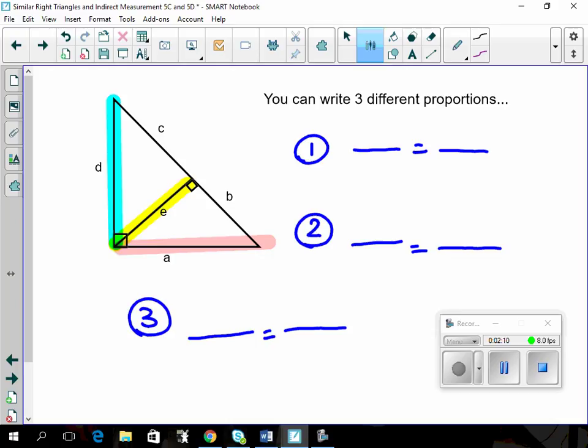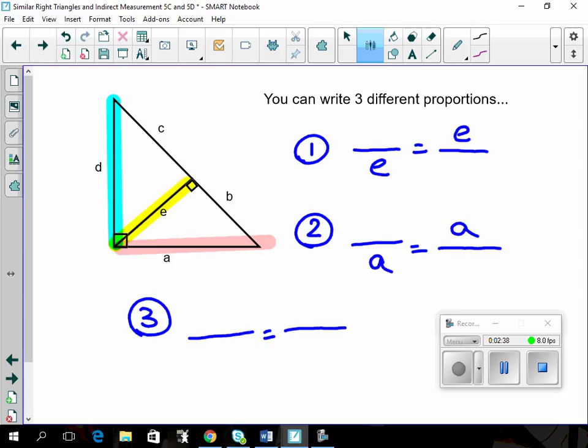Let's start with my case, the yellow one, the E. Notice where I'm putting it. Whatever number or letter happens to be on that segment, sometimes it's a number, sometimes it's a letter, whatever is associated with that yellow line goes there and there. We can do the same thing for the pink one.